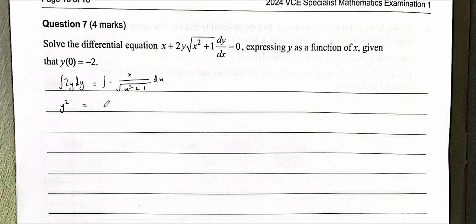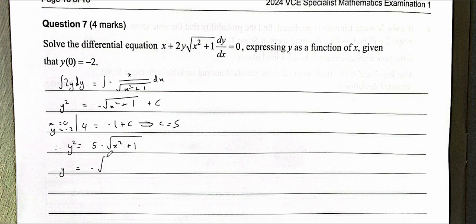So 1 over 2 root u, so negative root x squared plus 1 plus c. And then when we let y equal -2 and x equal 0, we get that 4 is equal to -1 plus c, so c is equal to 5. Therefore, y squared is equal to 5 minus the square root of x squared plus 1. Therefore, y is equal to negative square root of 5 minus root x squared plus 1. Negative because it's a function, so we can't have plus or minus, and we chose the negative because y is in the negative values, as seen here.